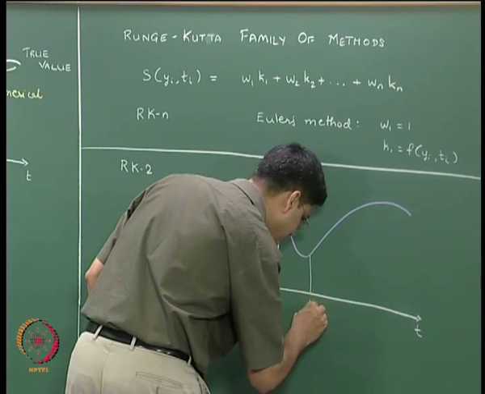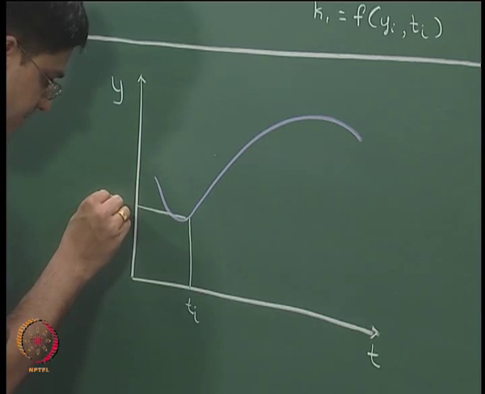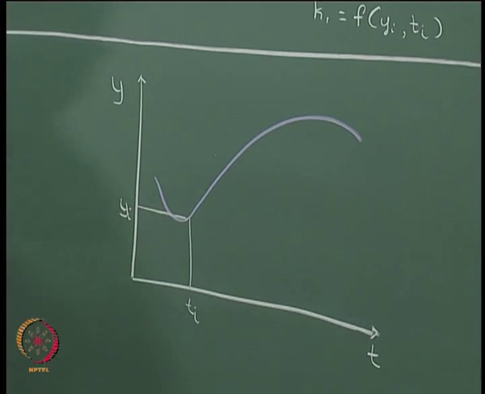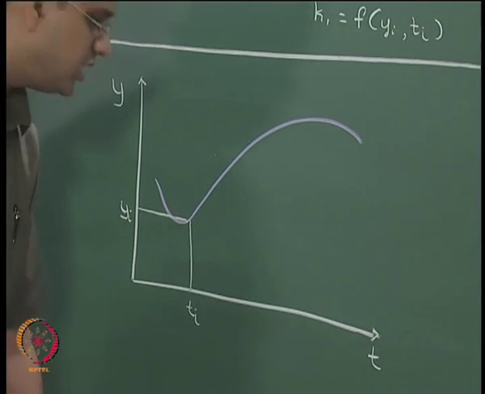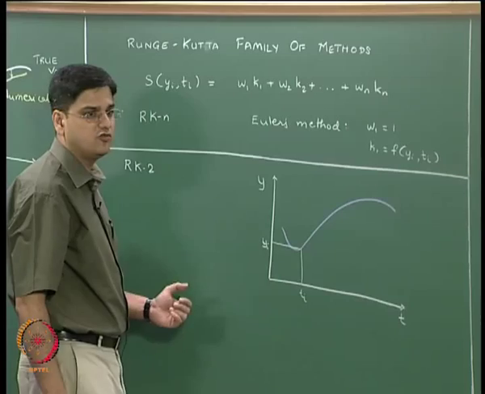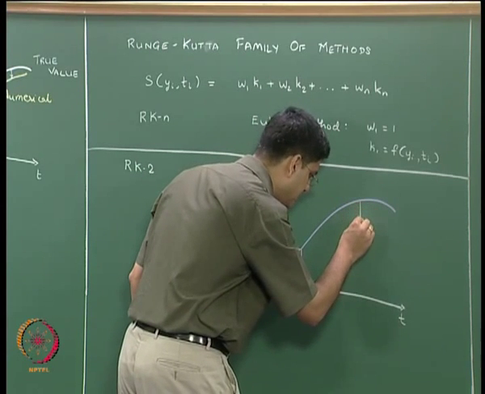This is ti and the corresponding value of the dependent variable y is yi. Now we are interested in using a better method in order to find yi plus 1 at another time, say ti plus 1.